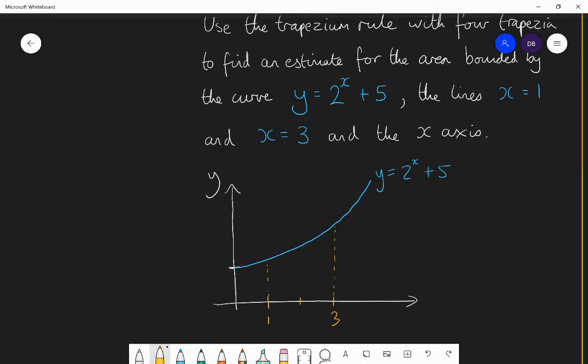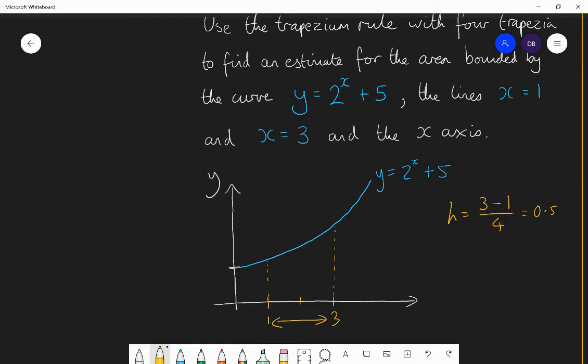If I split it into one trapezium, the value of h would be 2, because these are 2 apart. In the formula, remember that h is equal to b minus a divided by n. Here, b is 3, a is 1, and n is 4 because we are using 4 trapezia. So our value of h in this question is 2, which is the distance there, divided by 4, which is 0.5.